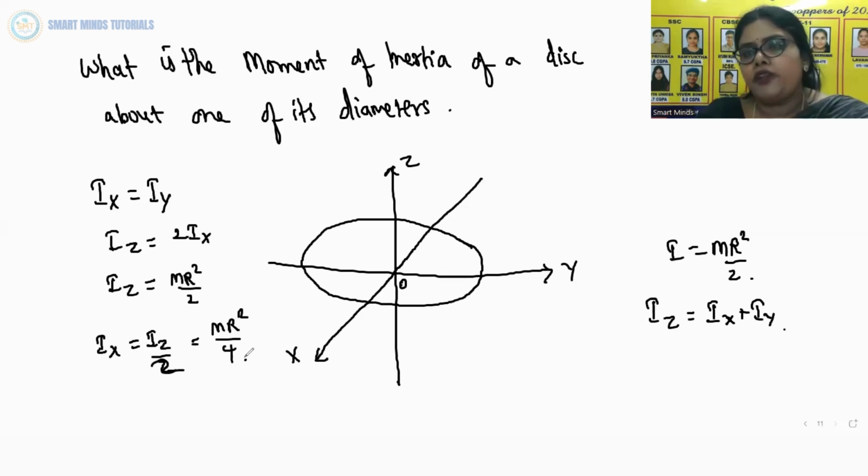So the moment of inertia of a disk about any of its diameters is MR square by 4. Similarly, the moment of inertia of a ring about any of its diameters can also be found. So this is the perpendicular axis theorem.